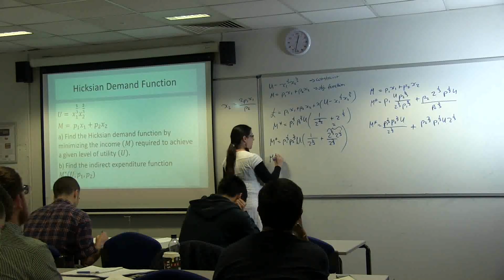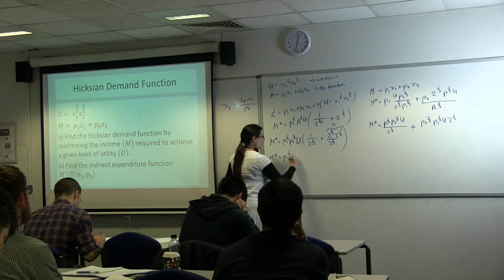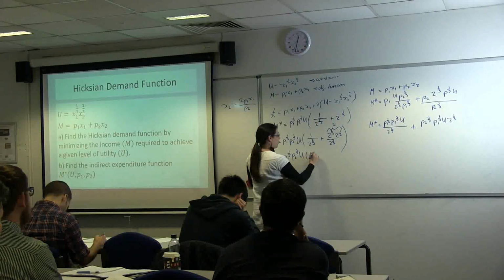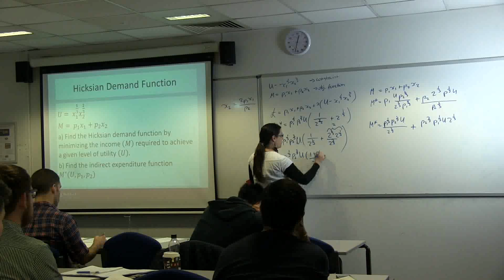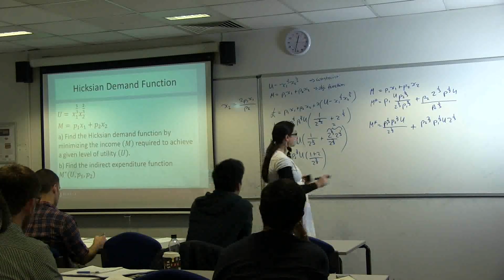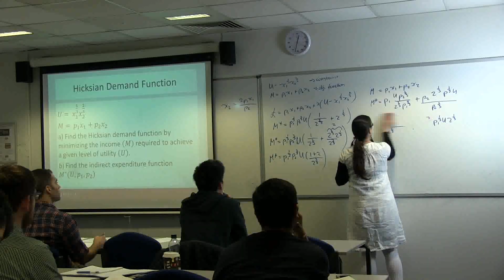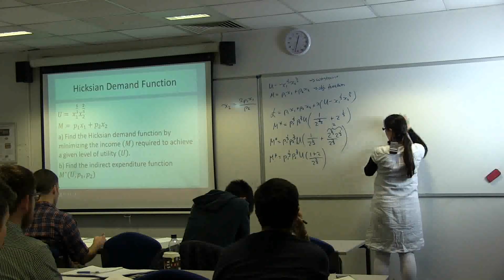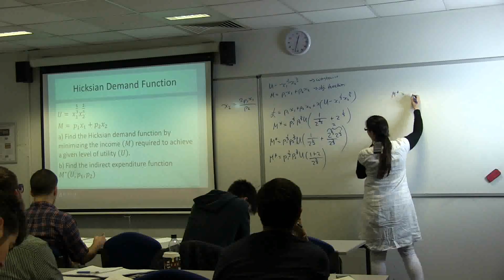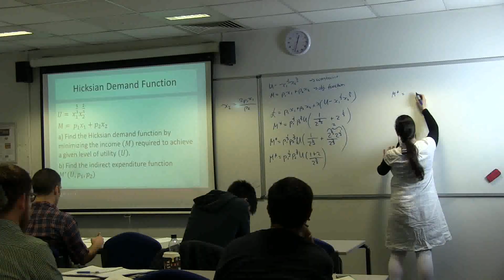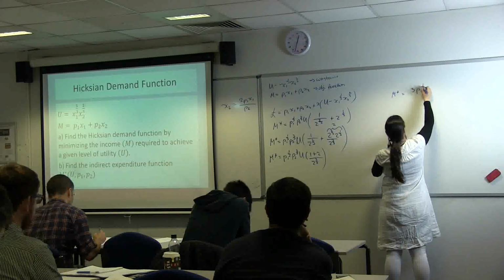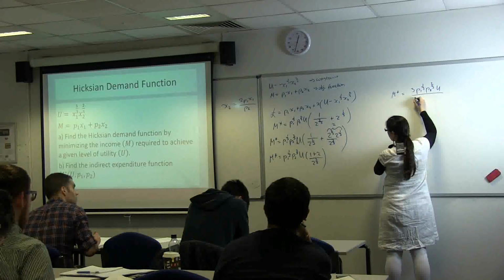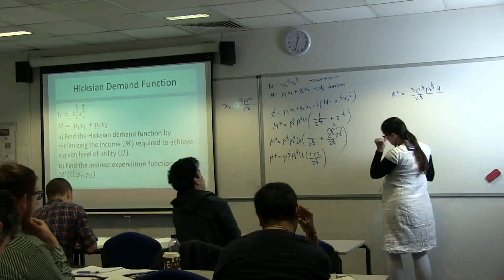So m star equals p1 to the 1/3, p2 to the 2/3 u times 1 plus 2 over 2 to the 2/3. So m star finally, 1 plus 2 is just giving me 3. So 3 p1 to the 1/3, p2 to the 2/3 u over 2 to the 2/3.